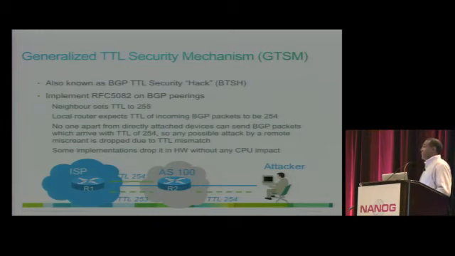The advantage is that if somebody wants to establish a false, unauthorized TCP session from beyond that router, they will not be able to, because by the time the packet arrives at your router, the TTL has gone below the threshold that you set using the GTSM feature. Most modern routers implement this in hardware, so it's filtered in hardware and doesn't penalize your CPU.